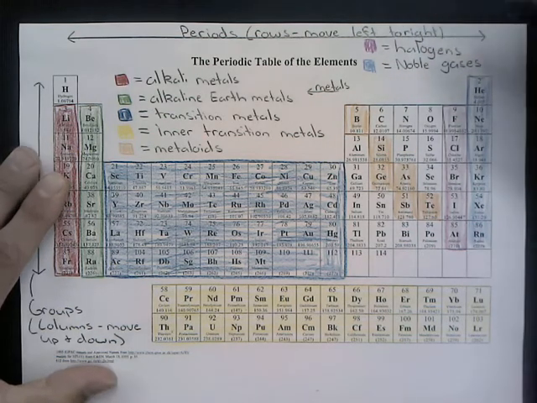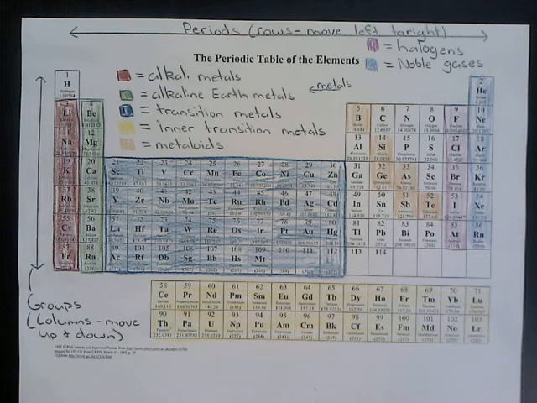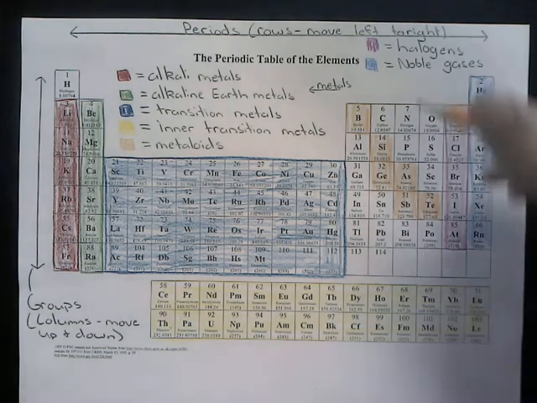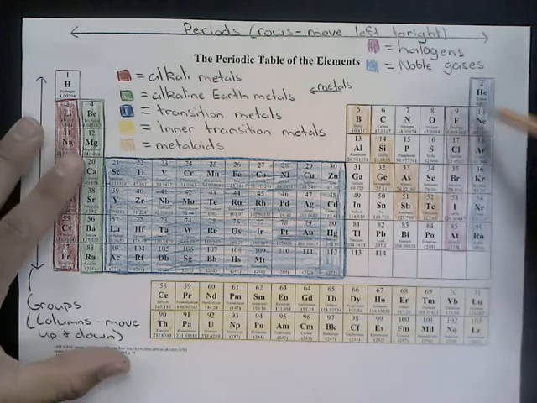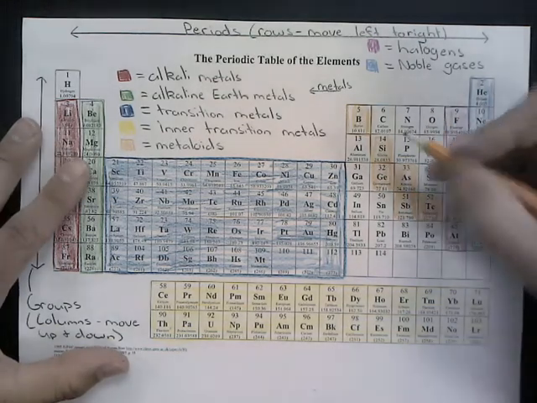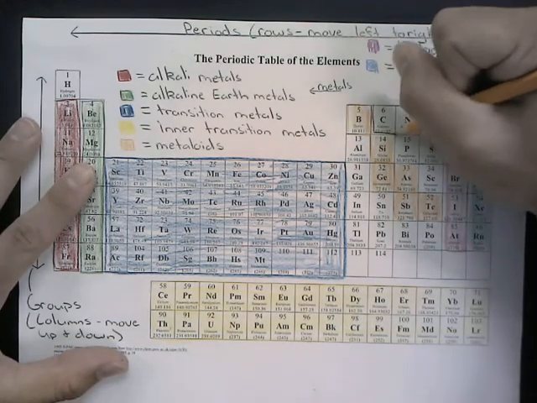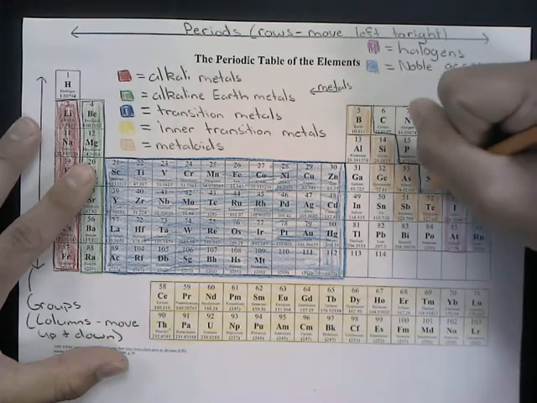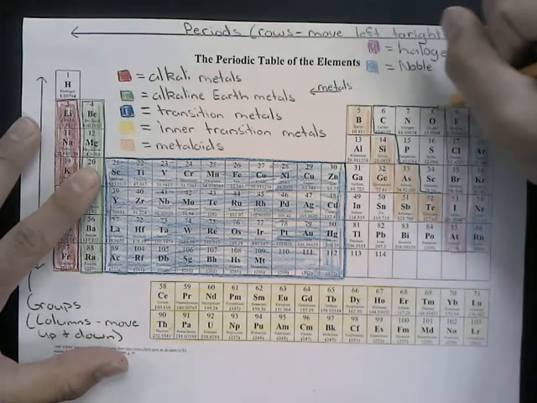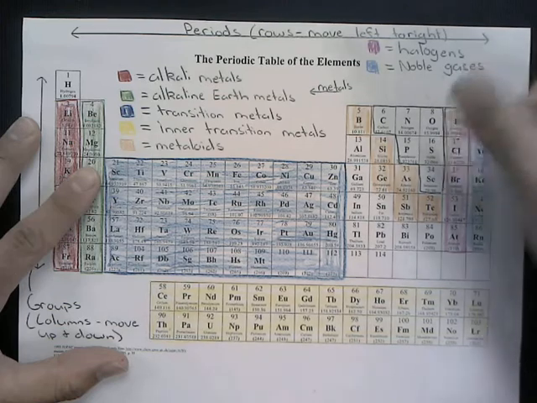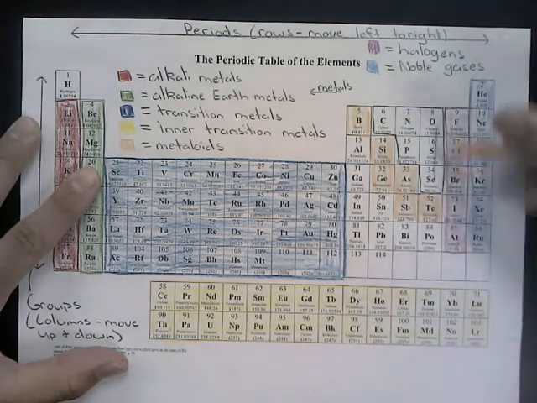Now, there are two areas that we have not really talked about. The first of which is this big set of non-highlighted elements. And what I'm going to do here, just in regular pencil, I am going to shade this in pencil color.